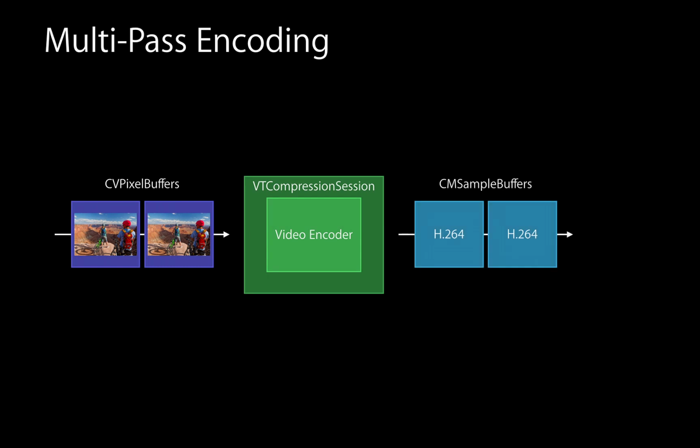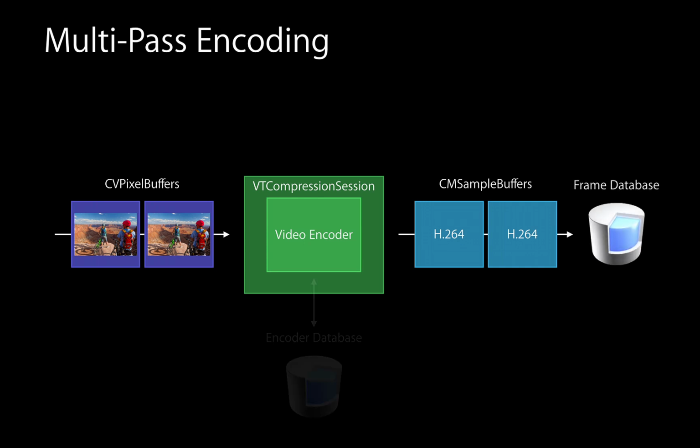So you have uncompressed frames coming in, going into the compression session, being emitted as compressed samples. Now we're going to change things up a little bit. We're going to have our frame database. This will store the compressed samples and allow us random access and replacement, which is important for multipass. And we're going to have our encoder database. This will store frame analysis.